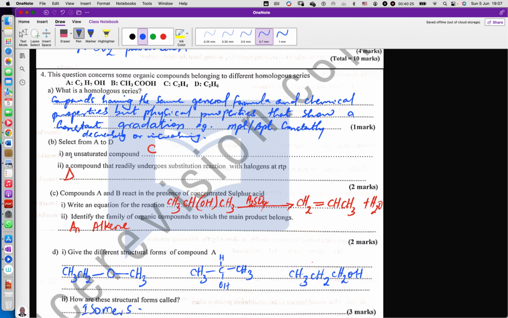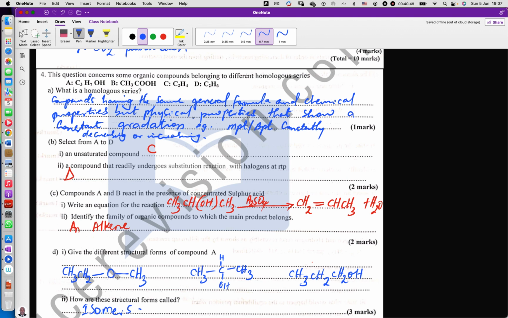2. A compound that readily undergoes substitution reaction with halogen at room temperature and pressure. At room temperature and pressure, only alkanes will do that.